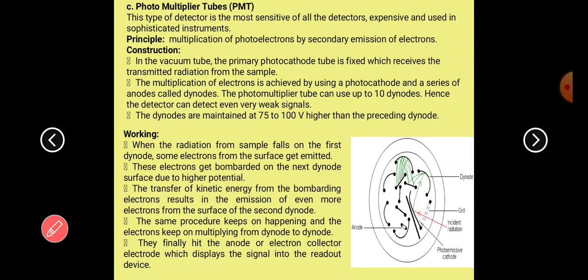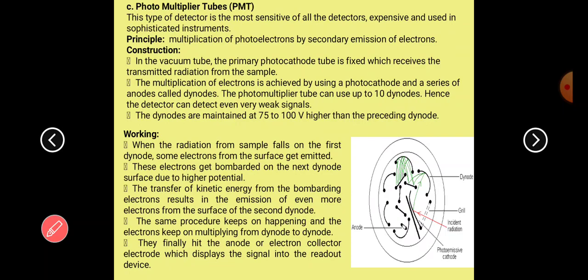Photomultiplier tubes. This detector is the most sensitive of all the detectors, expensive, and used in sophisticated instruments. The principle involved in the photomultiplier detector is multiplication of photoelectrons by secondary emission of electrons. Here in the construction, the phototube is present in a vacuum tube.